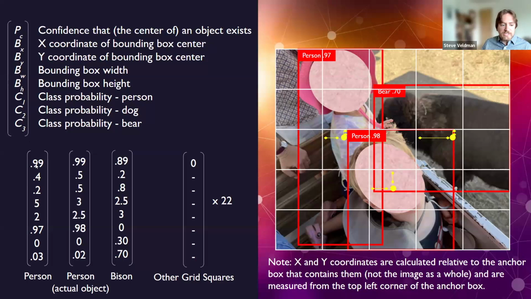So what we see here is a 1, 2, 3, 4, 5, 6, 7, 8-dimensional array, I think. And so the tensor that is the result for each of these anchor boxes will contain more than one of these result arrays. And so we'll have a new object center, new box dimensions, and everything else that goes along with that. But that's a great question.